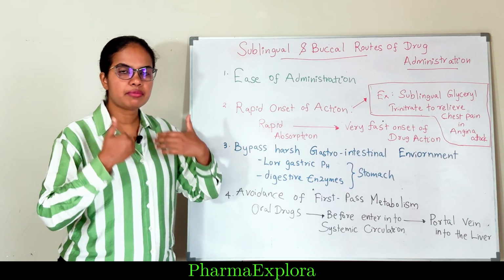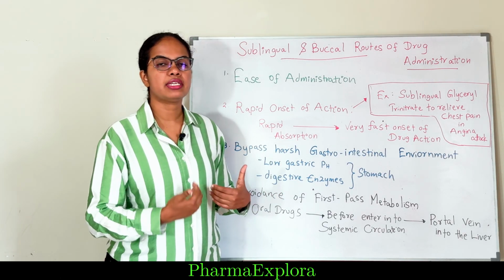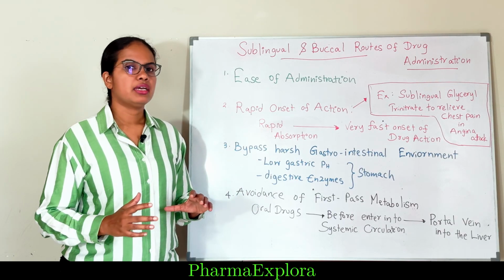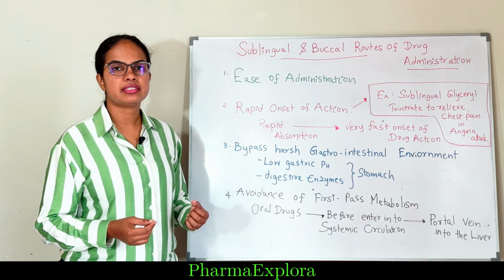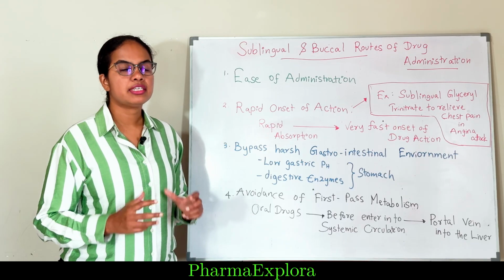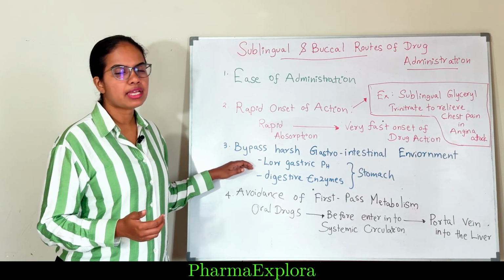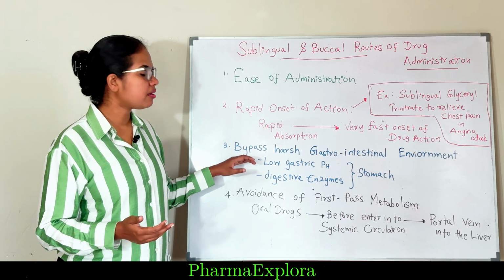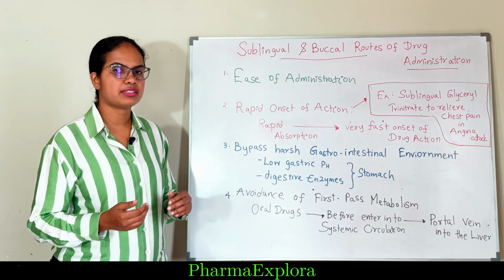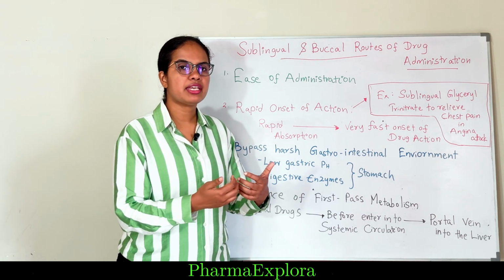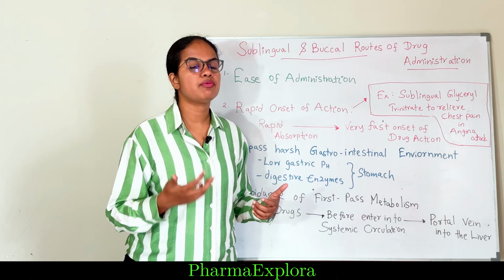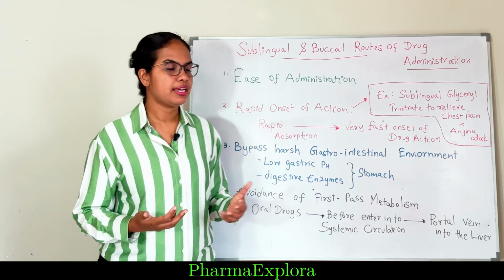Therefore, when we take medicines orally, we swallow them. When they go to the stomach, most of the medications are destroyed by the low gastric pH, the acidic environment, as well as digestive enzymes. So the amount of medication absorbed into the bloodstream will be significantly less.